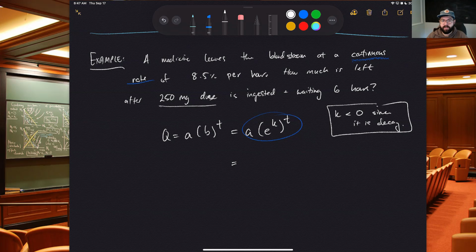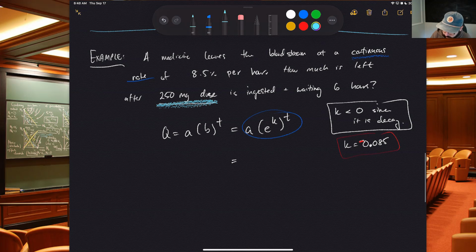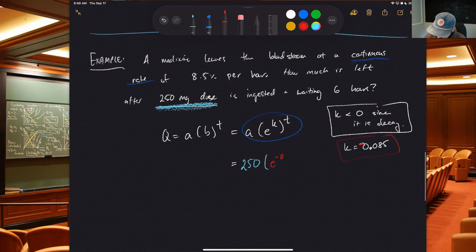And it's 8.5% every hour continuously, so this means that k is going to be negative 0.085. We'll put it in decimal form, and you note that we're putting that negative sign in there, negative 0.085, and we said the initial value was 250 milligrams, so that's my A. E to the negative 0.085, all to the t.